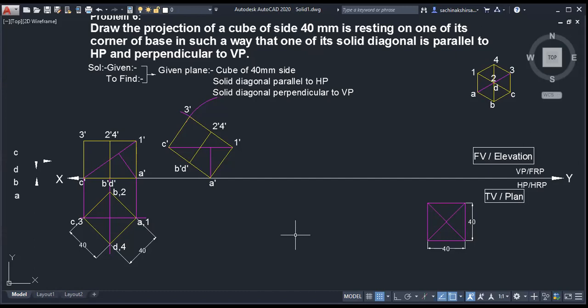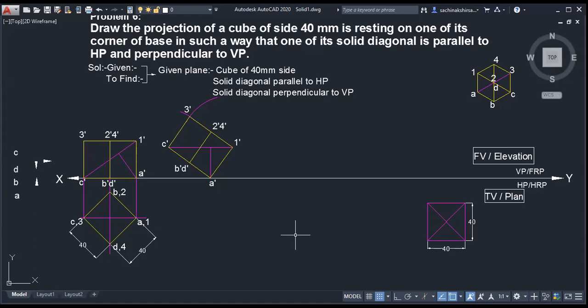Yes. So is the condition still satisfied? Number 1, it is lying on one of the corners. The corner is on XY only, A dash, and the solid diagonal becomes parallel to XY. Again, it is a university problem. Though the problem statement is very, very small, we have to apply the logic.